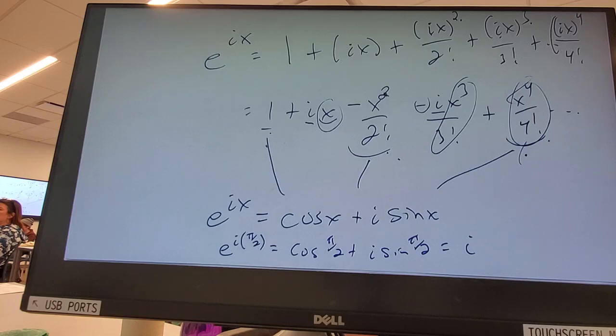It's really, really cool. Really trippy. Nowhere near intuitive. There's no way you would ever guess that the exponential is going to be equal to cosine and sine.